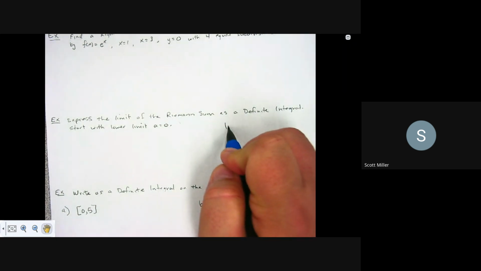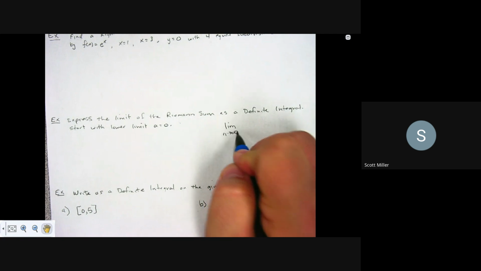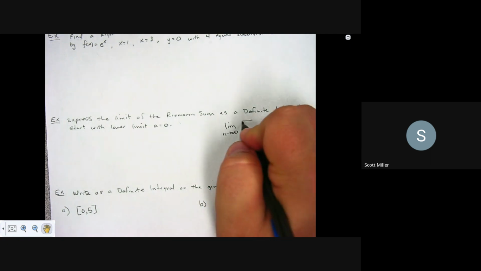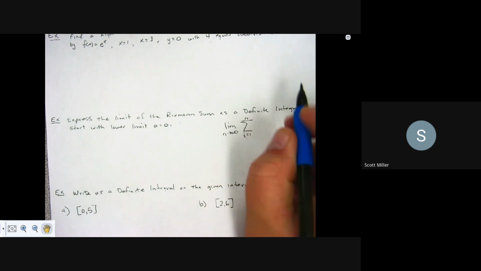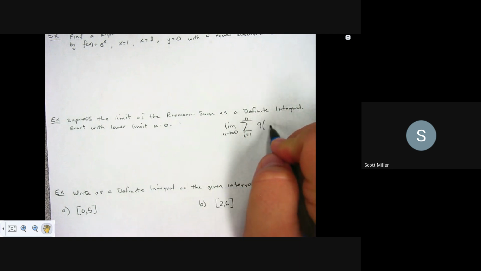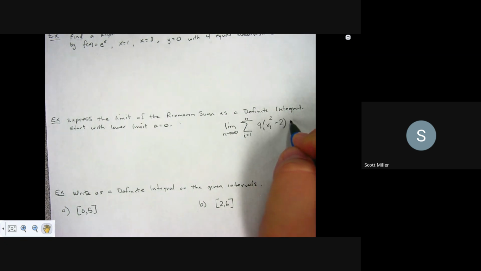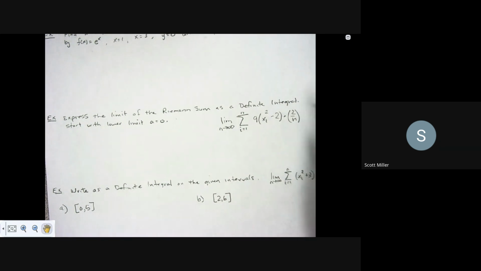So it is the limit as n goes to infinity of the summation, i going from 1 to n, of 9 times x sub i squared minus 2 times 2 over n. So what would this be? Part of what we're doing in this lesson is learning how to go from something like this to the integral representation.